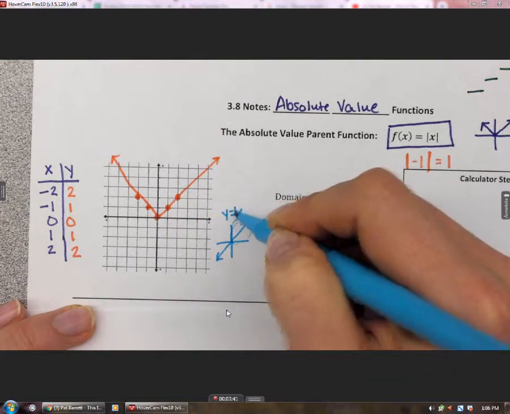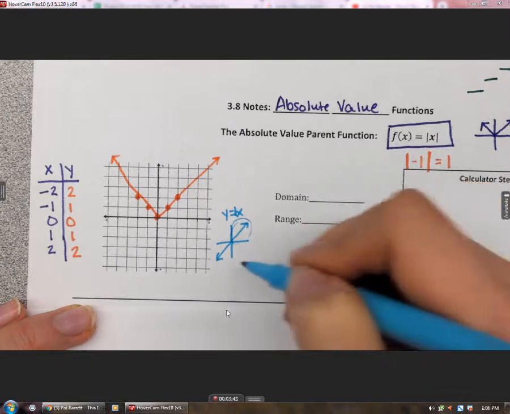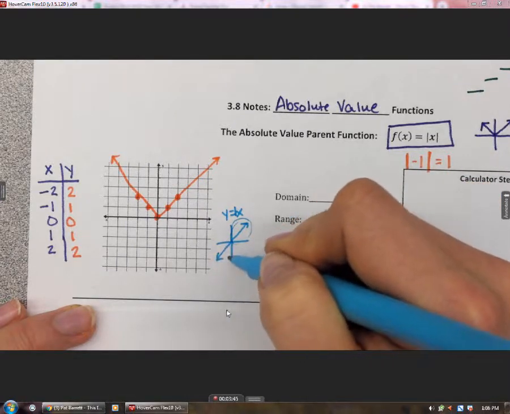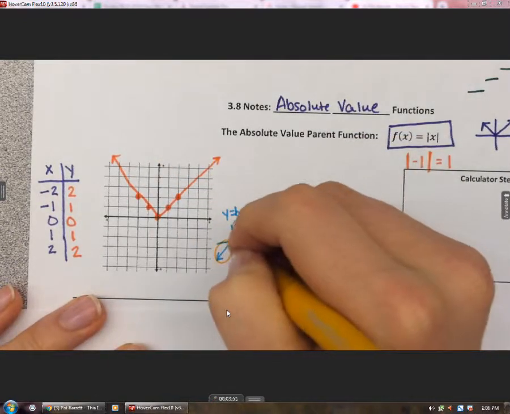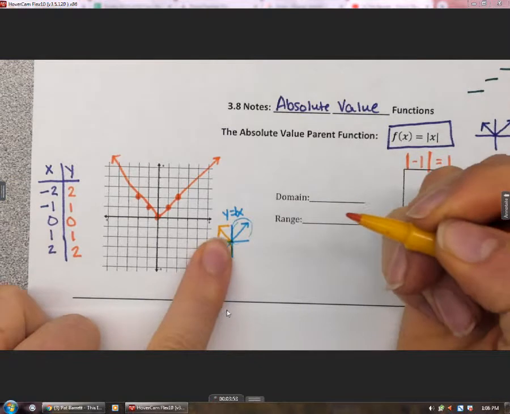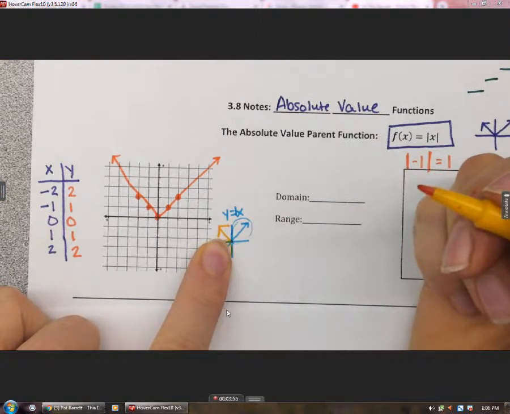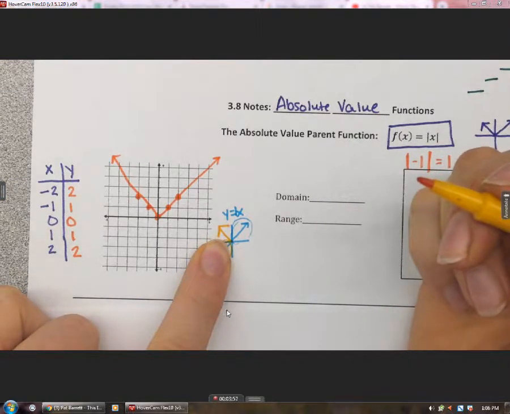The slope was just 1. But it basically took all these negative numbers and made them positive. It took this half of the graph right here and flipped it up so that it's positive instead of negative, because that's what absolute value does. Whoa, brain connections. I hope that this is making sense.